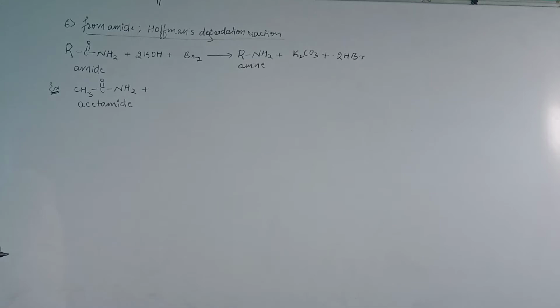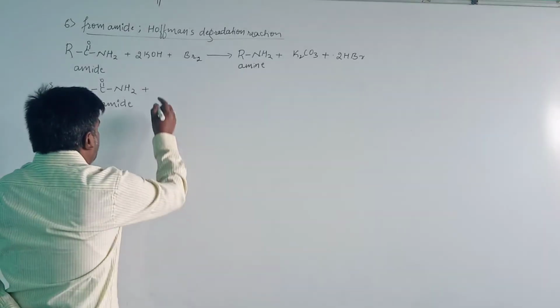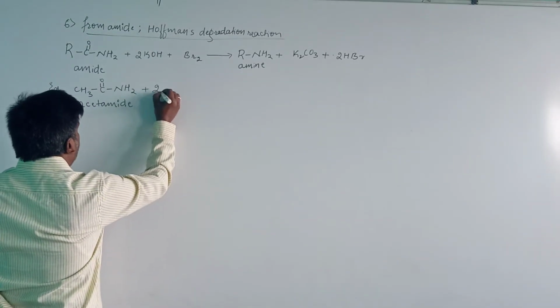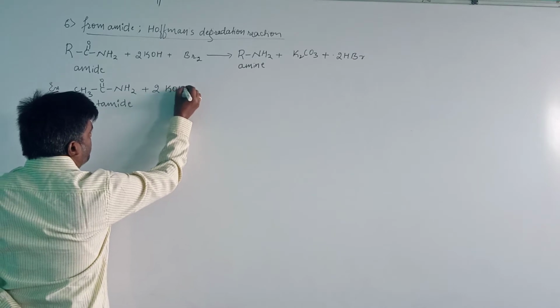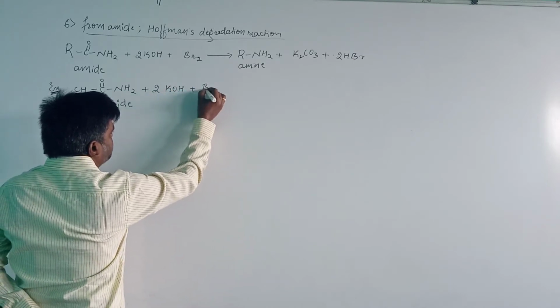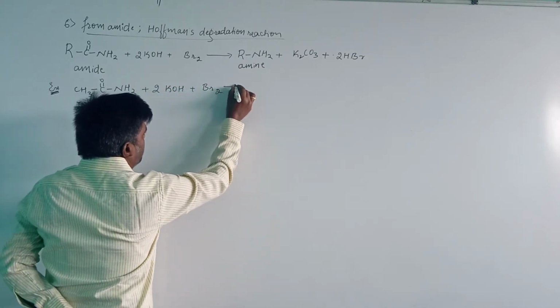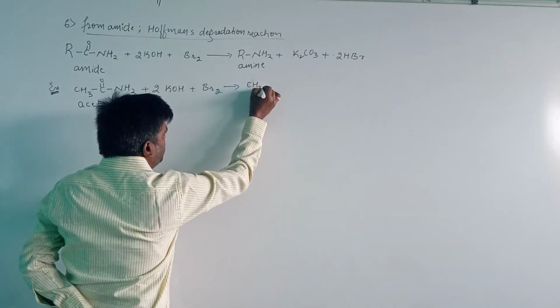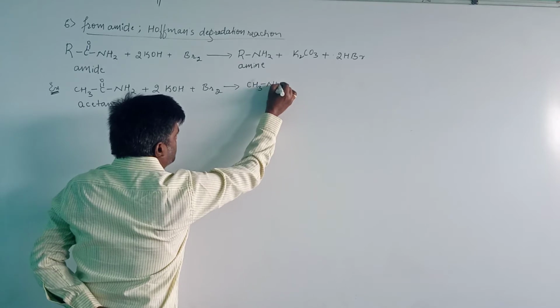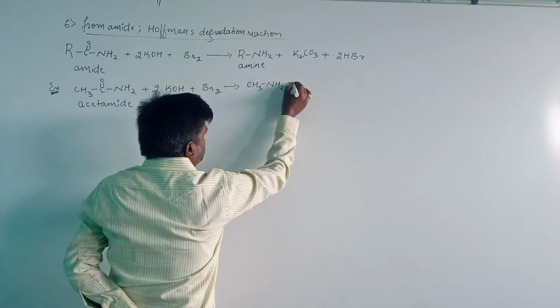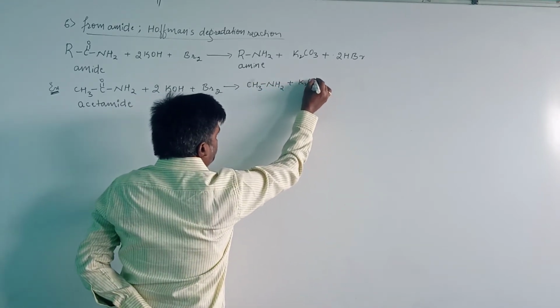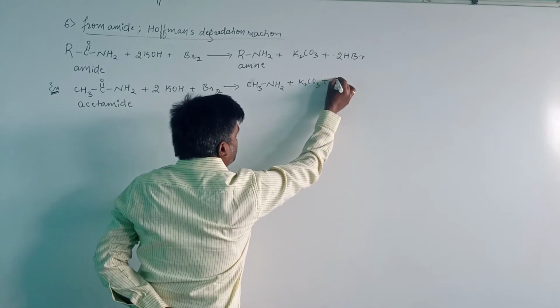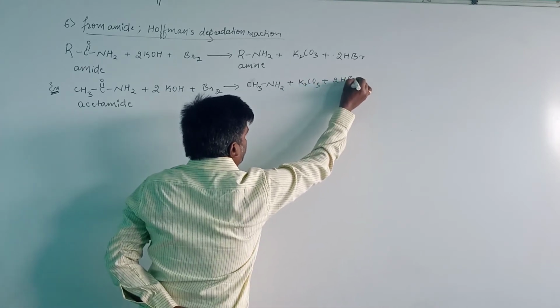We can take sodium hydroxide also. Then it reacts with the potassium hydroxide and bromine, and it gives the amine here, CH3NH2, plus K2CO3, potassium carbonate, and hydrogen bromide.